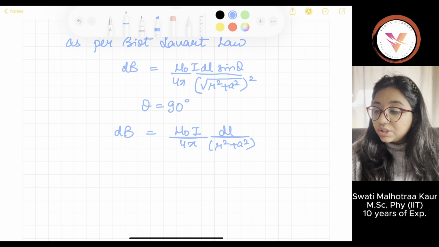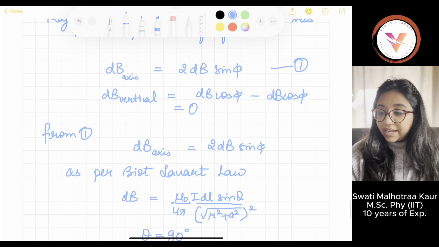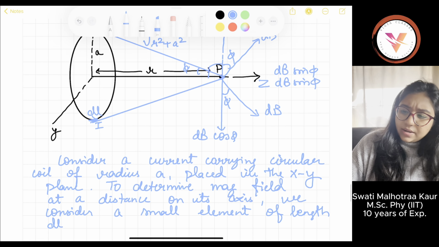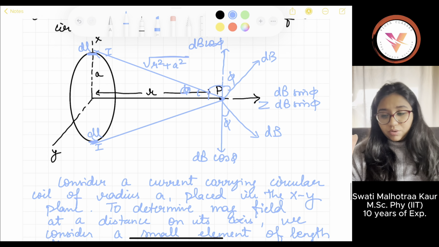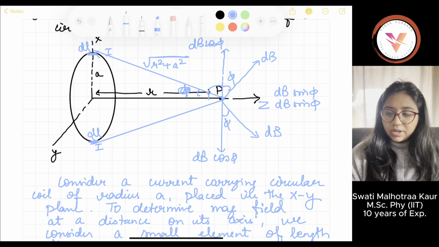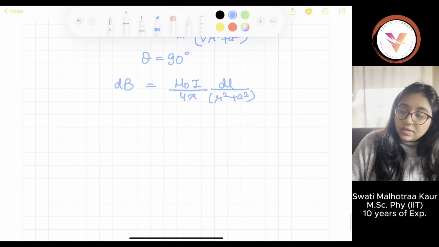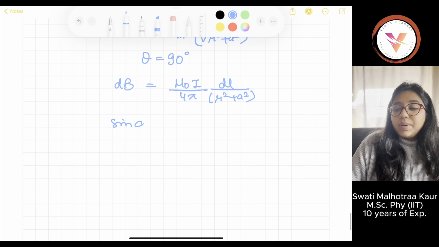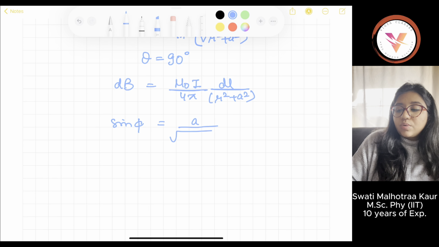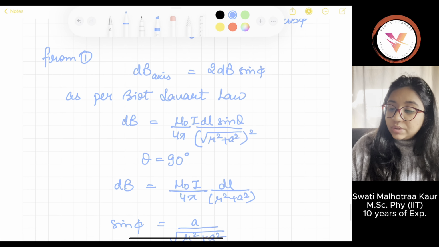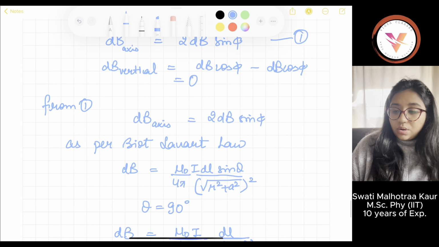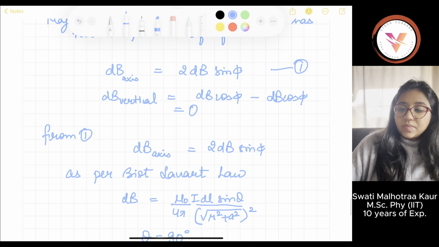And next substitution is sine phi. So sine phi can be calculated using this diagram. If this is phi, you can use perpendicular upon hypotenuse. Perpendicular is a, hypotenuse is this. So the sine phi would be a over under root of r square plus a square. So you can substitute both the values in equation 1 here. Okay.